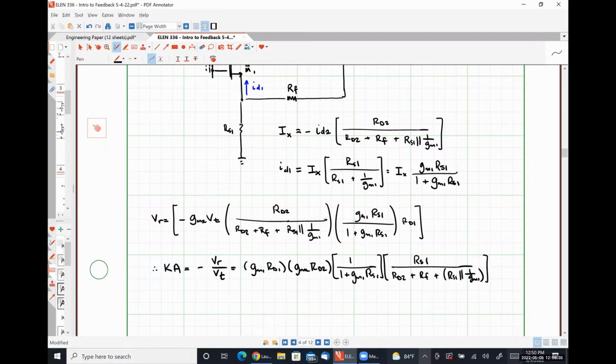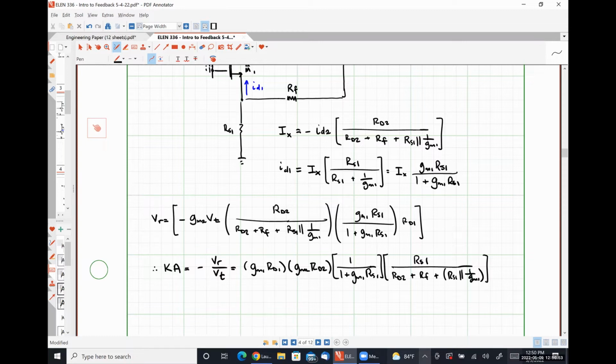So it allowed us to figure out what our real feedback contribution is as well. All right, so this was us determining our loop gain and all that kind of good stuff for this circuit.